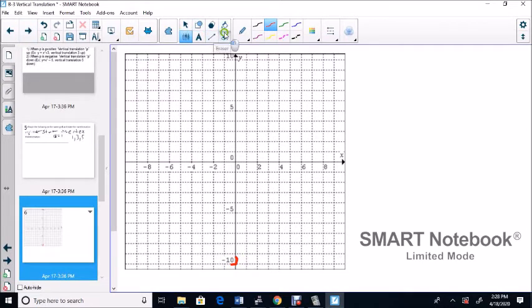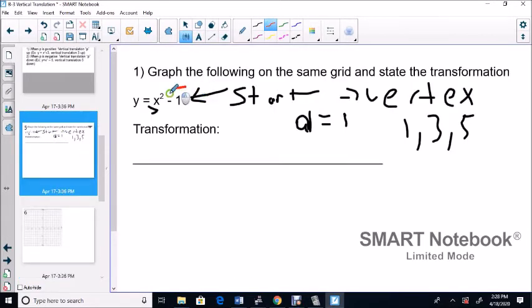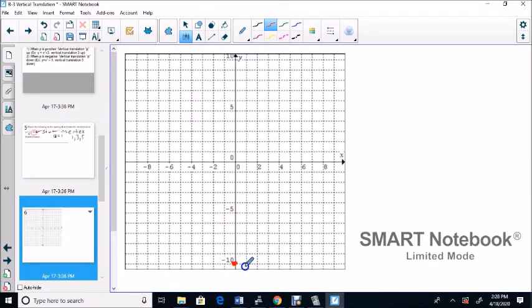Let's make that a little bit nicer. We take our pen and start right down here at negative 10. Now we go over 1, up 1, just like before, but this time we start at negative 10 and not at 0.